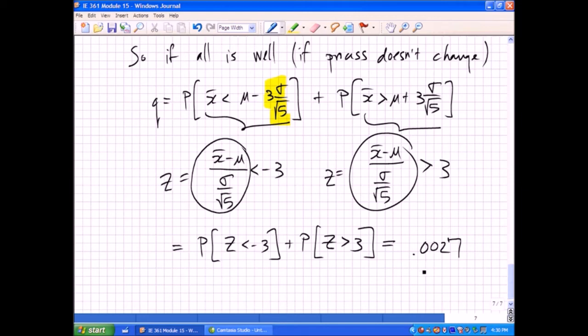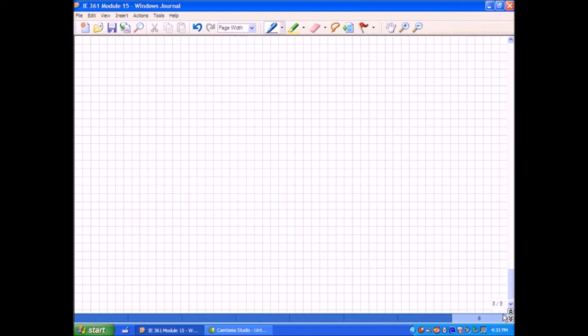I'd rather use this more accurate value, so let's just say that if I look this up online, or I use a very complete, highly precise table, what I get is 0.0027, and that means that my average run length is the reciprocal of 0.0027. That turns out to be a fairly famous number, about 370.